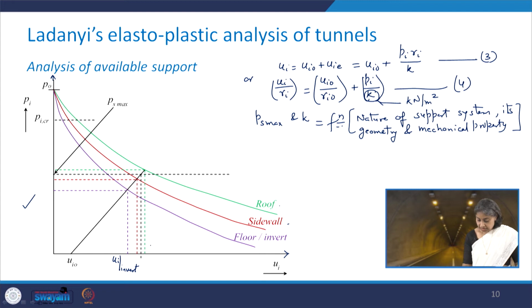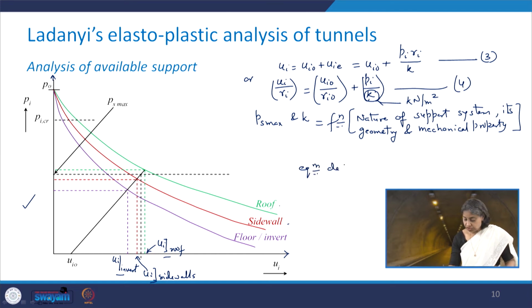And for this one, roof, you will have this as ui roof, and this red one will be ui of the side wall. So basically these three, ui invert, ui roof and ui side walls, these are the equilibrium deformations.